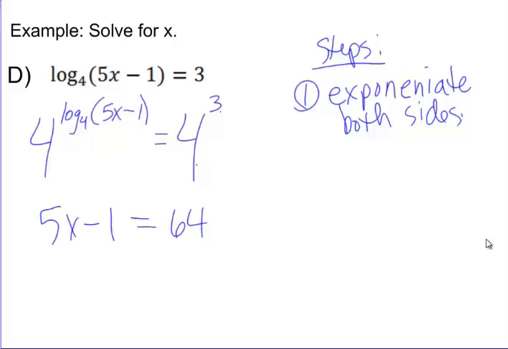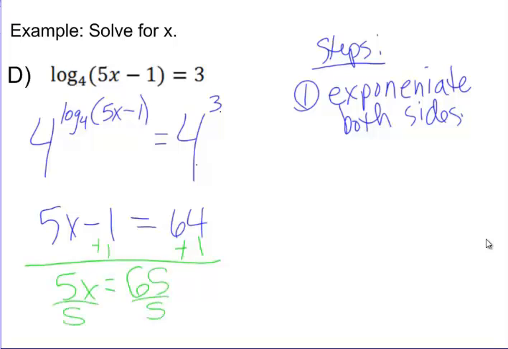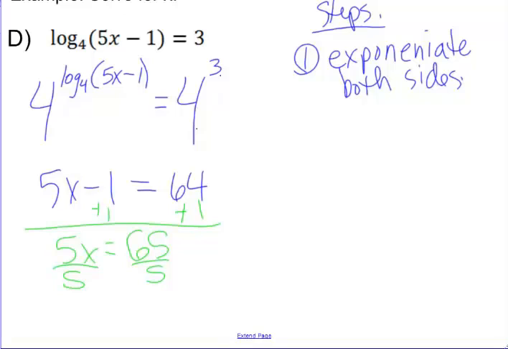All right, so then we solve this. Add 1. I switched colors on you, sorry. 65, divide by 5. Is that right? 13? Okay. Now, remember, it's a log. So we have to check and make sure that it works. So we exponentiated both sides.